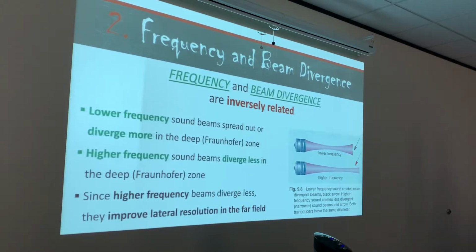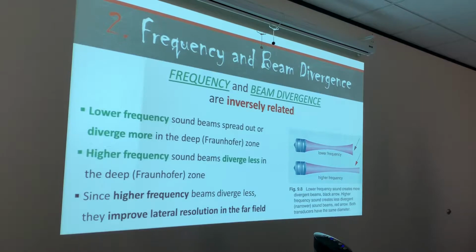When it comes to frequency and beam divergence, also inversely related. Therefore, our lower frequency sound is going to diverge more in the far field than our higher frequency sound. Still think about our focal depth, which we learned is directly related. Our focal depth is shallower in the lower frequency and deeper in the higher frequency, showing that direct relationship.